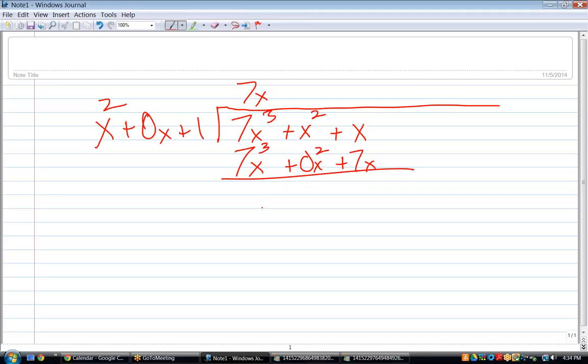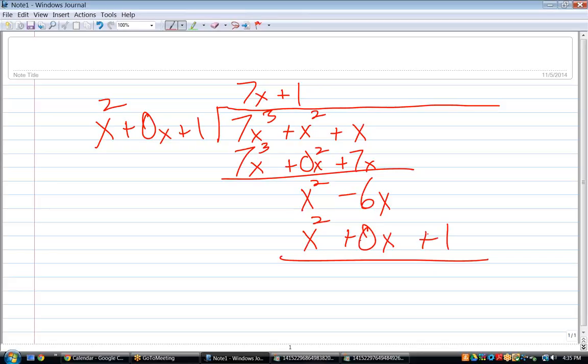Now, we can subtract, and everything looks right. Becomes x squared minus 6x. And then what? And it would just be 1. Okay, plus 1. Yeah, plus 1. And then multiply that by everything. You get x squared plus 0x plus 1.